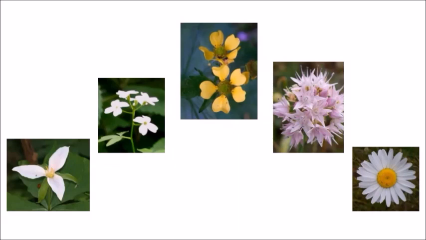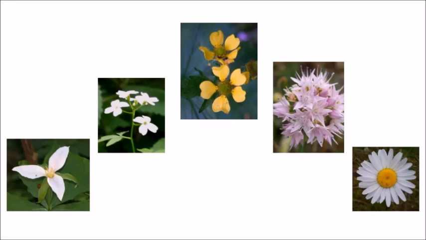And when you're journaling these flowers, you want to make sure that you're recording the number and the color of the petals as well as their shape. Some flower petals are separate pieces, like the avens here, the yellow flower in the center.